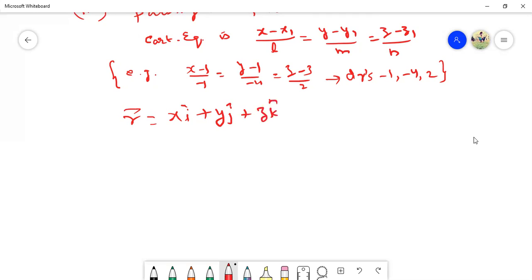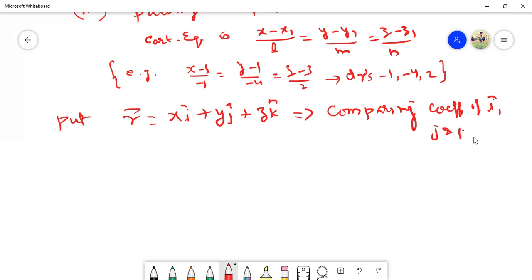If the equation is given in vector form and you have to convert it into Cartesian form, then you put this value of r in the equation, and comparing the coefficients of i, j, and k.